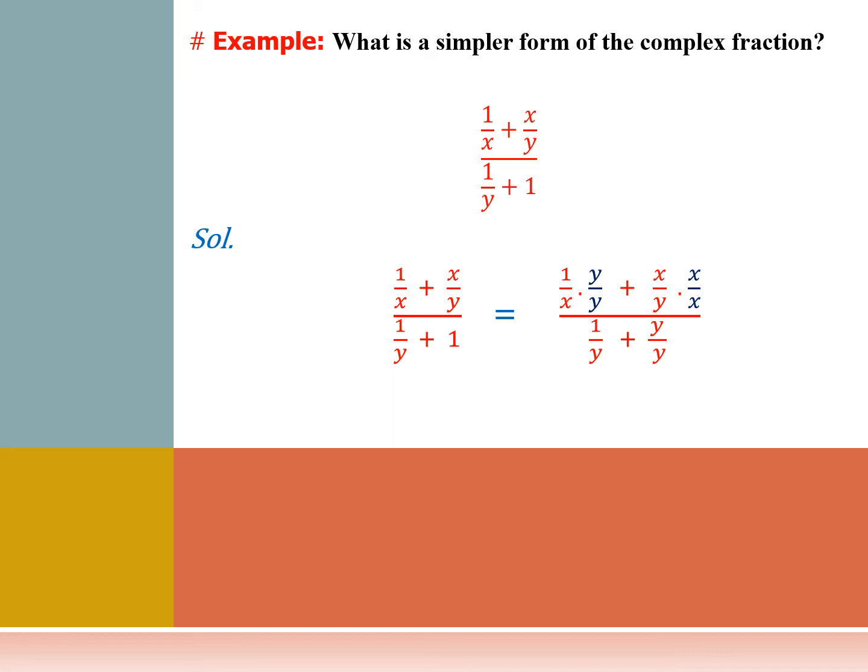Also for 1 over y plus 1, to find the least common multiple between 1 and y, multiply this part by y over y. So we have 1 over y plus y over y, then we can complete the addition: 1 plus y over y.